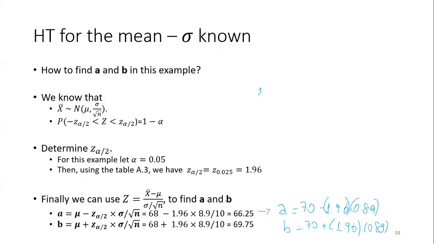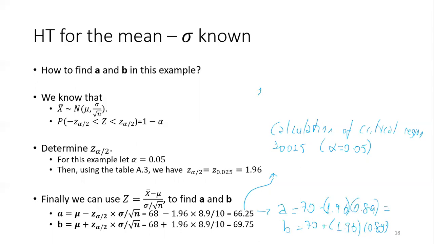This is the calculation of the critical region for z sub 0.025, or for alpha equal to 0.05, okay? 70 minus 1.96, and 70 plus 1.96.